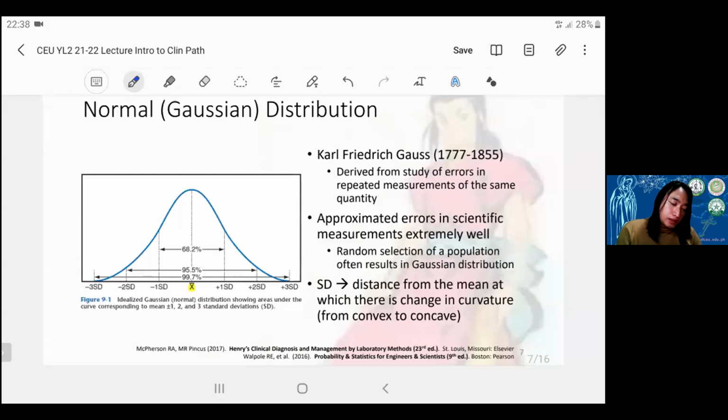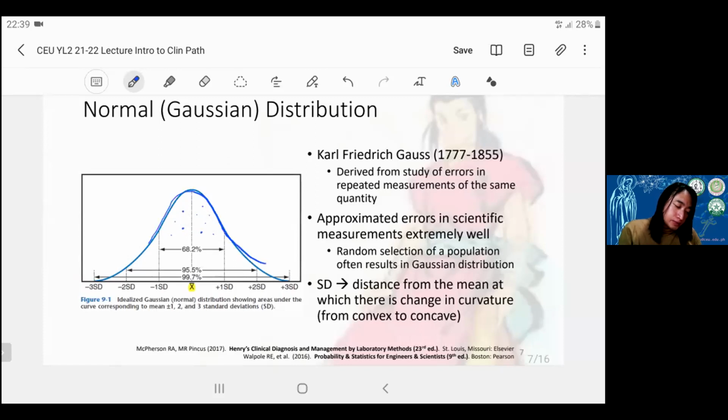So basically, when they perform an experiment, they would be given one value and then another value, and they found out that most of the experiments would have a distribution that is under this curve, this normal distribution curve.